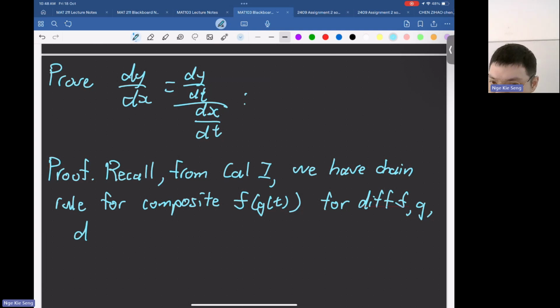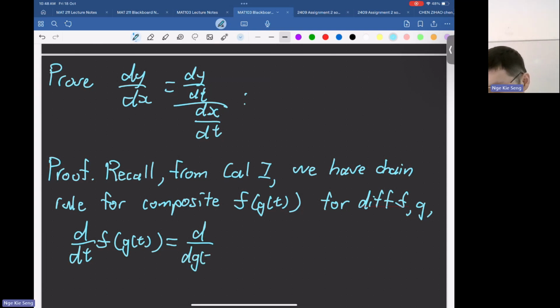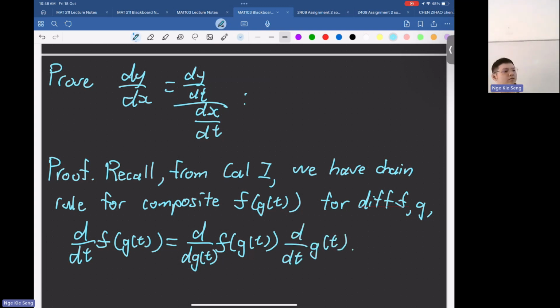How do we differentiate this? What's the formula? You get f prime of g(t) times g prime of t. So this is what you learned last time.